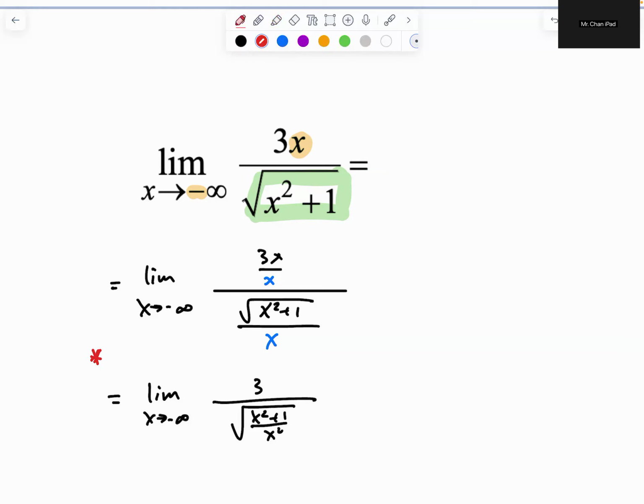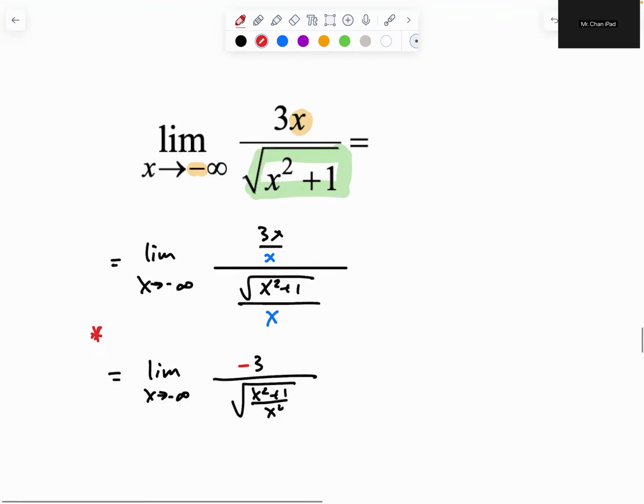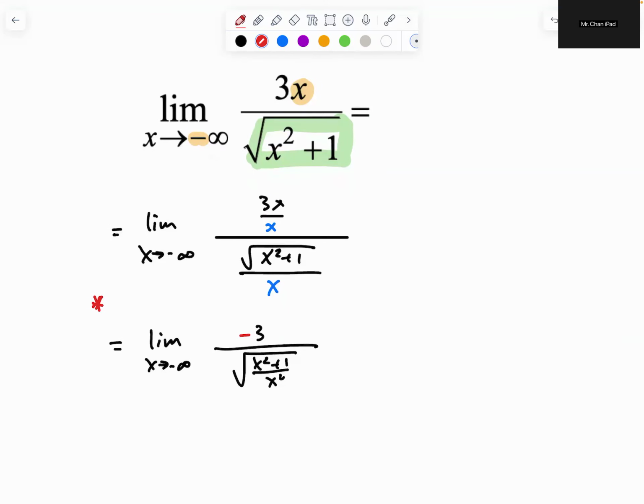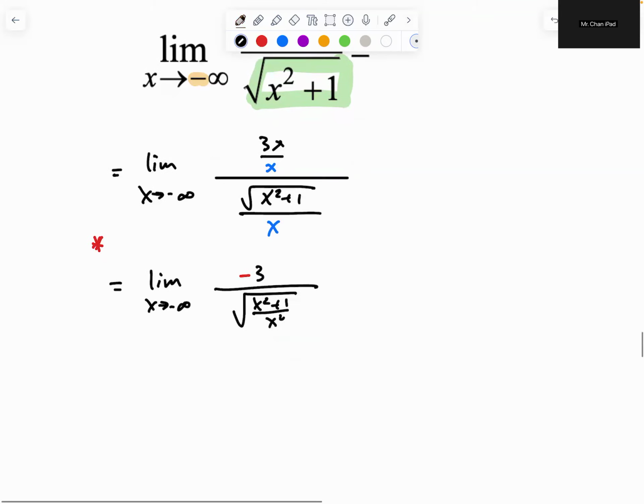And this is the moment where you have to manually input a negative sign right here. If you do not have the awareness of why it is negative because of reasoning, you would end up getting a positive 3 when the answer is actually negative 3. Okay?